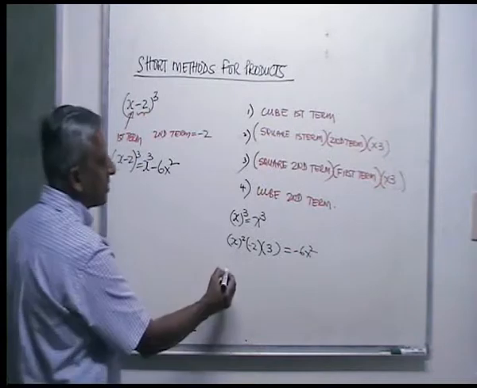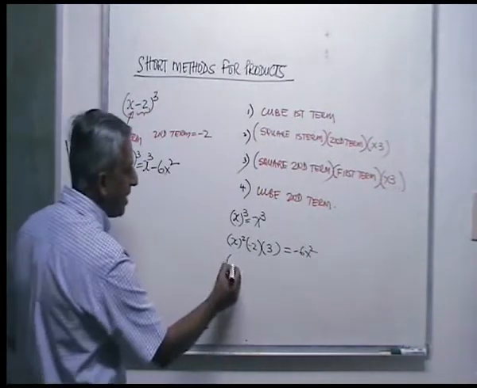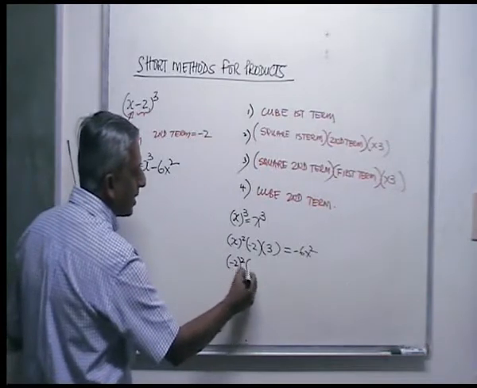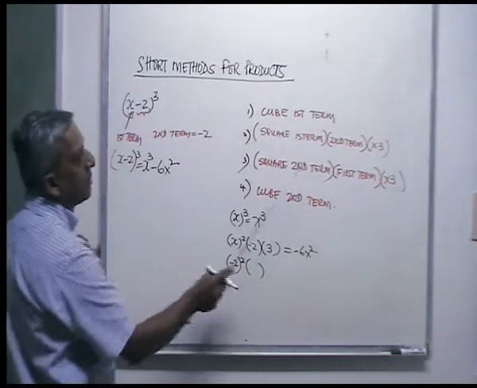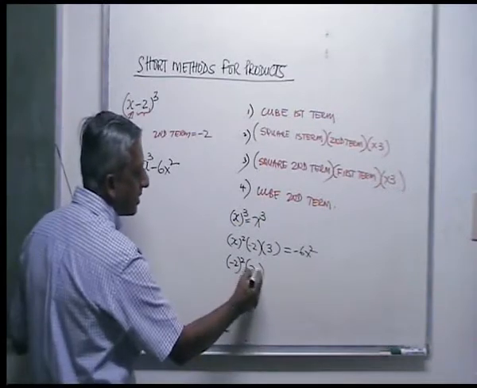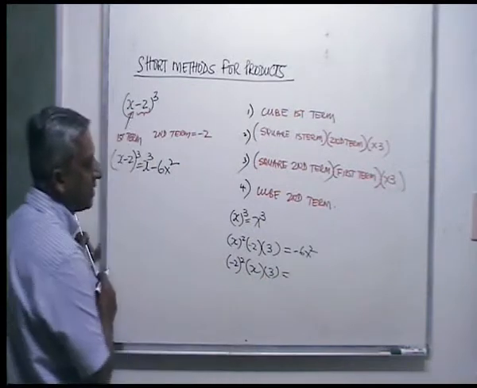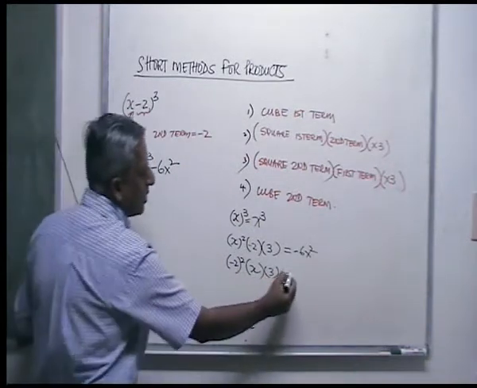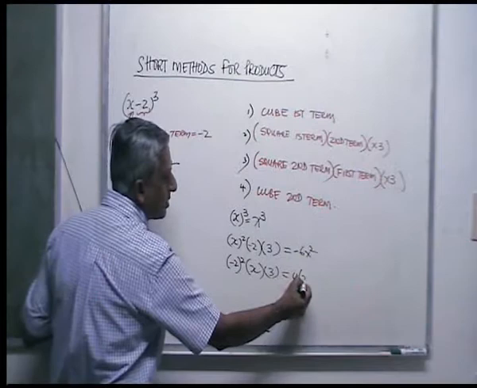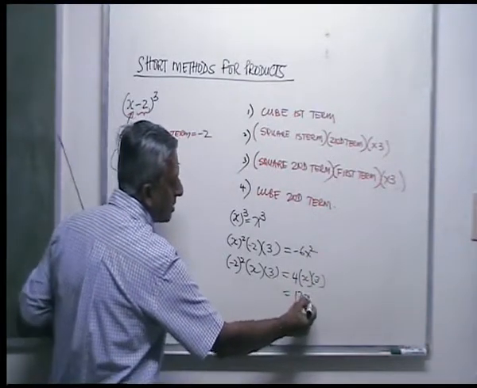Then let's see what it says. Third step: square the second term. So you take minus 2 and you square it. Then multiply by the first term, which is x. Then treble it, multiply by 3. So it is actually 4 times x times 3, which is 12x.